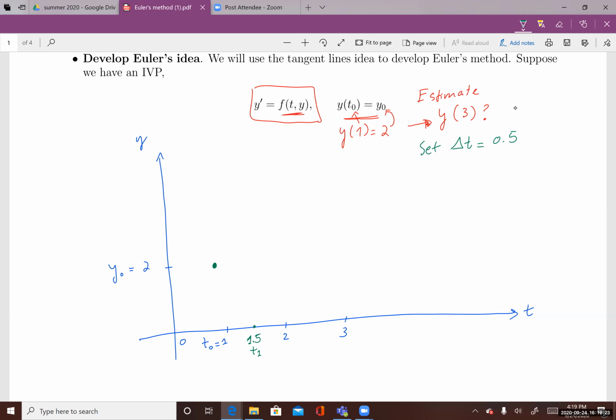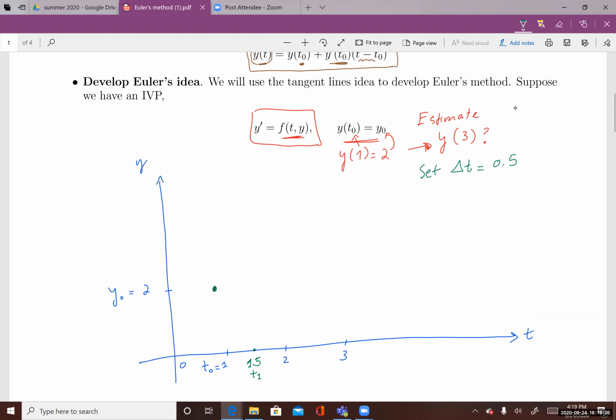I'm going to use my tangent line. I'm going to use this point right here.